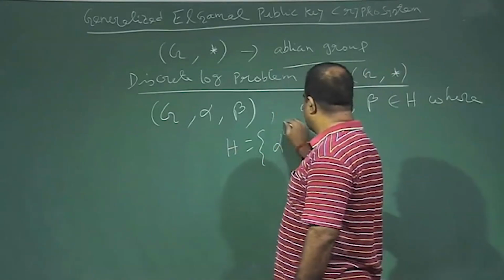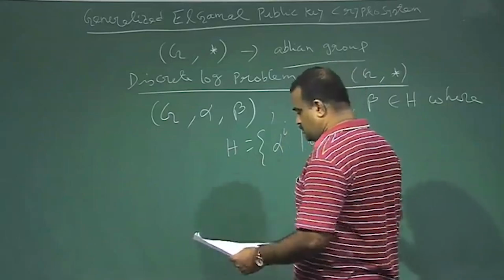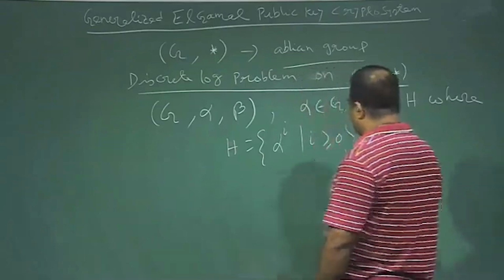This is alpha to the power i, where i is greater than or equal to 0. So it is basically a subgroup generated by alpha.